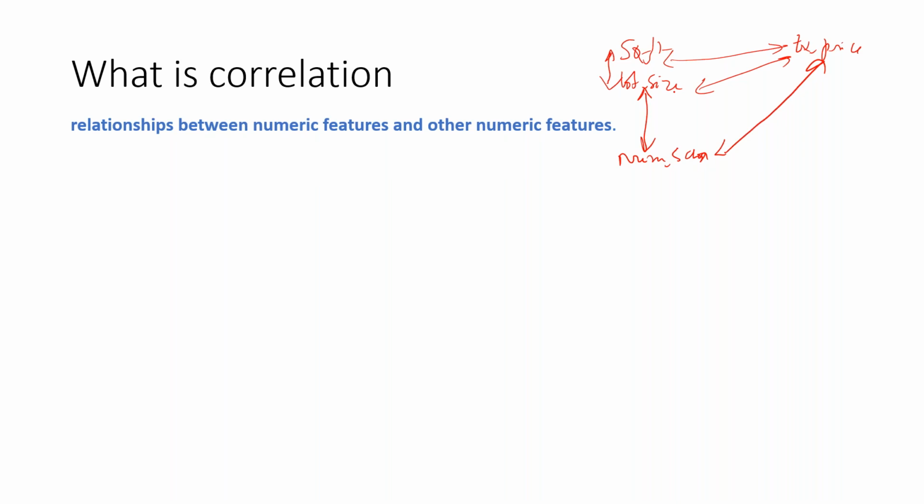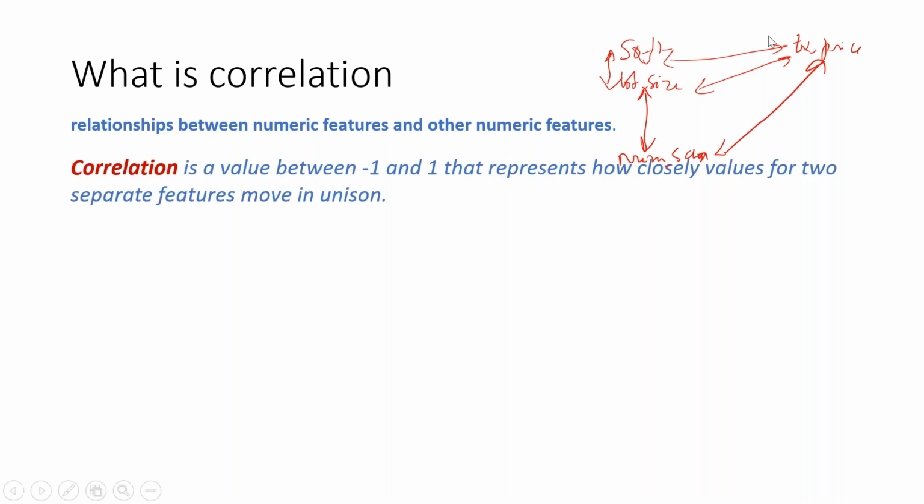We are checking whether you can calculate any correlation between them, and if it is there, what is the number, which we call the correlation coefficient. Correlation is a value between -1 and +1. It will not be less than that, and it will not be more than that.